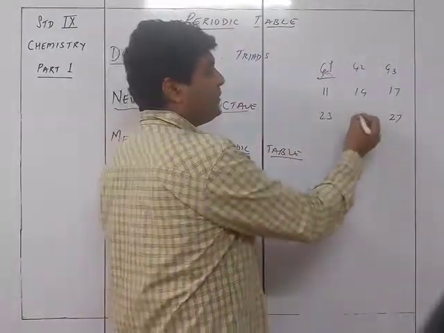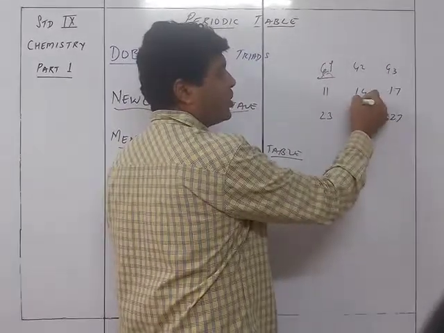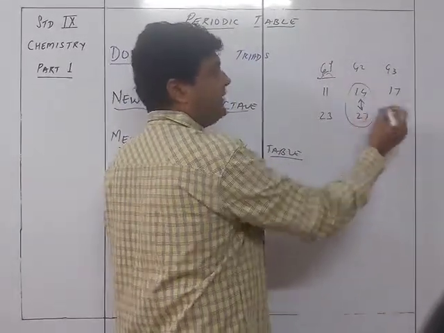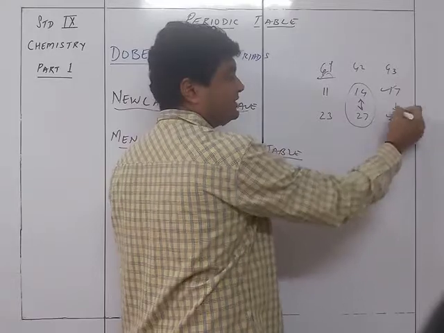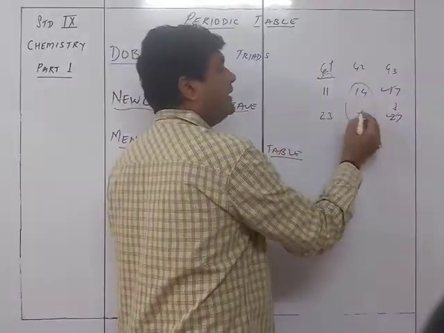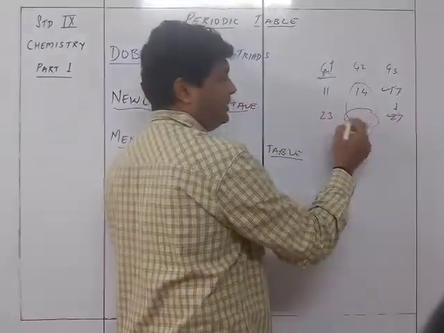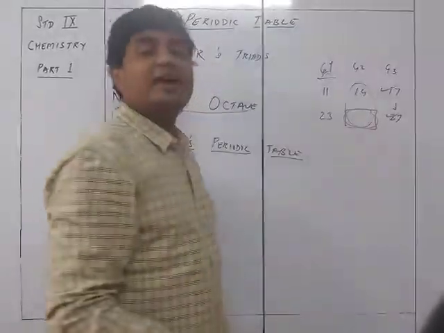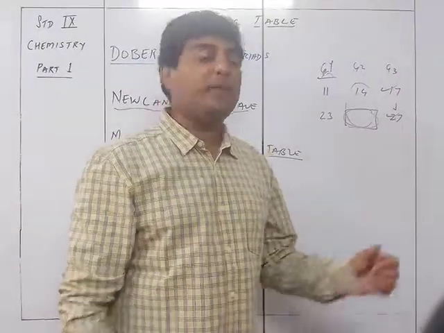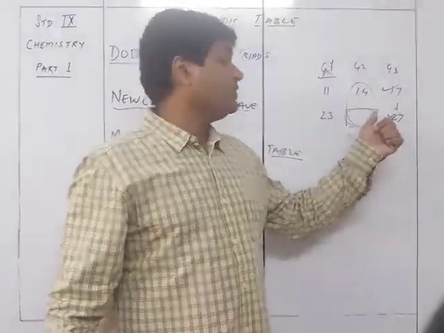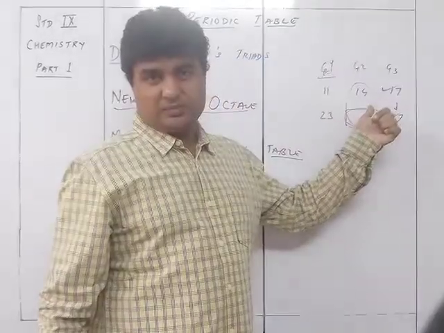But if I put 27 over here, then these two do not have similar properties. If I put it over here, then these match. So what did he do? He kept this as a gap, saying there should be another element which can be discovered later, which will have properties similar to this.